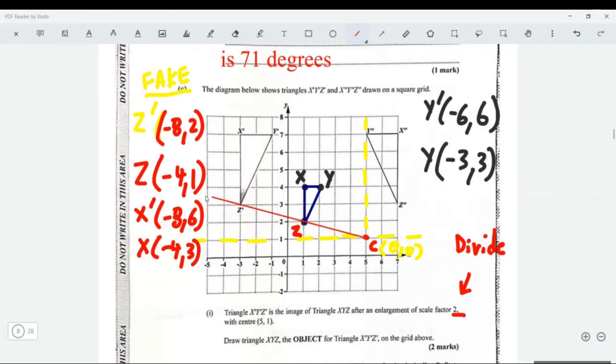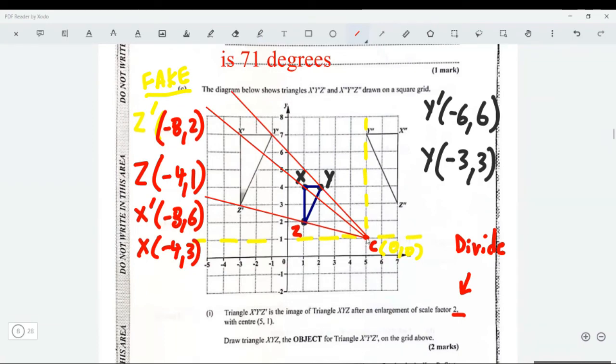Just to show you that the center of enlargement is indeed 5, 1 right here. All right, so look at this. Image and object point all pass through 5, 1, just to show you that it is indeed the center. I'm just justifying that it is indeed the center of enlargement.